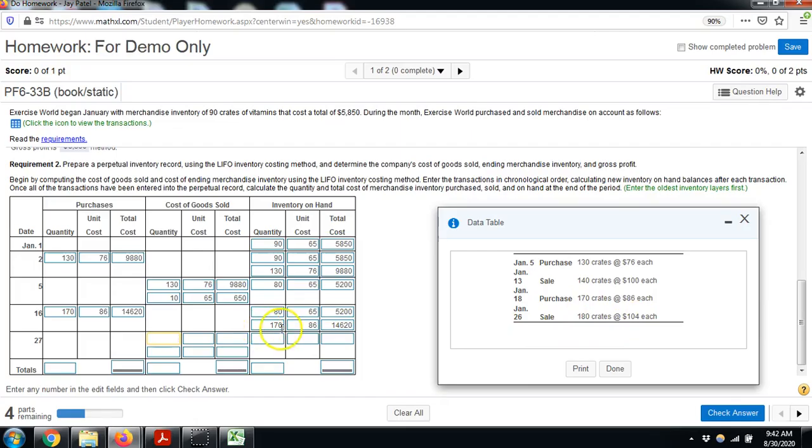And so again, we're going to take 170 from this newest, most recent layer. And then 10 more to get to our total of 180 from this tier. Okay, and what do we have left over? We had 170 of these, we sold them all. We had 80 of these, we sold 10 of them. So we have 70 left over.